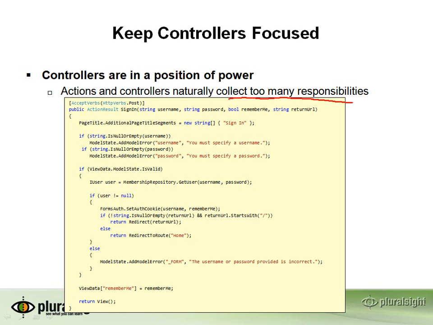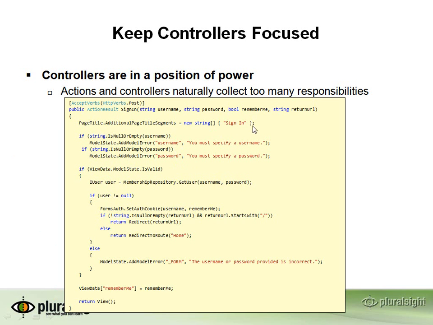many responsibilities. What I've put on the screen here is the source code to an action in an open source project called Oxite, but this version is from many months ago. And you can see that the code barely fits on the slide, even in an 8-point font.